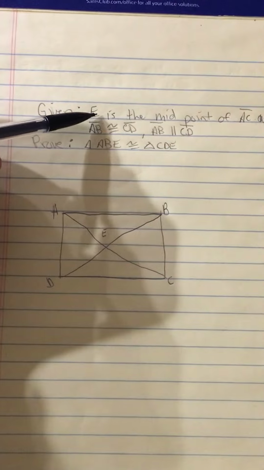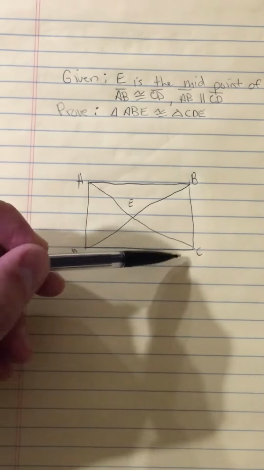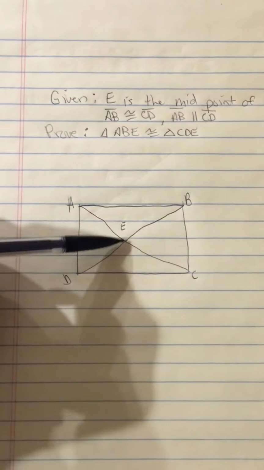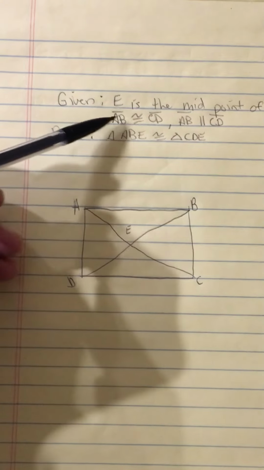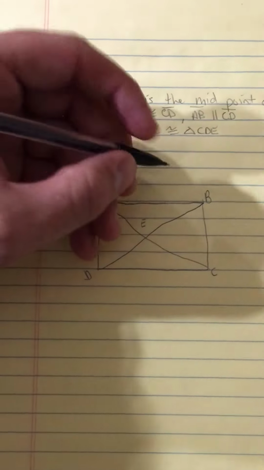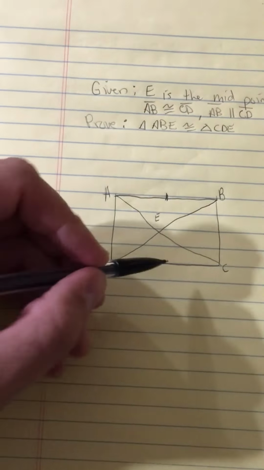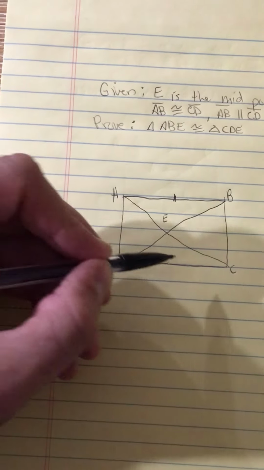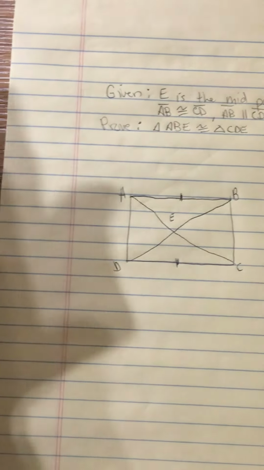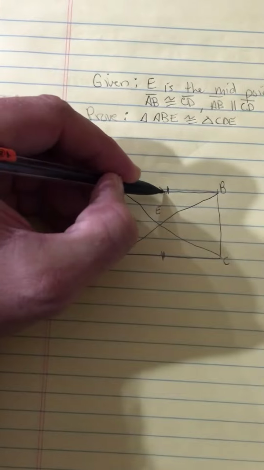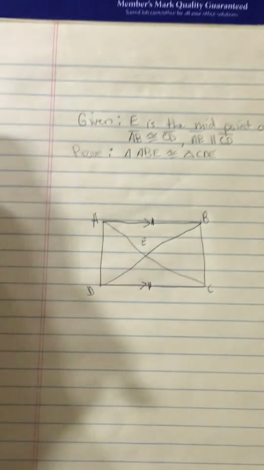So we have A, B, C, and D, and we'll call this E. So it says E is the midpoint of AC and BD, which we have, kind of. AB, this line right here, is congruent to CD, and it is also parallel.